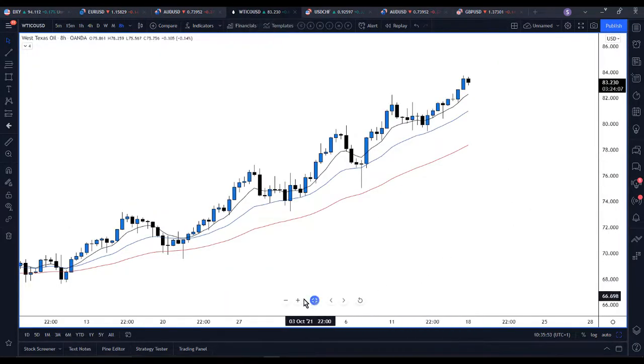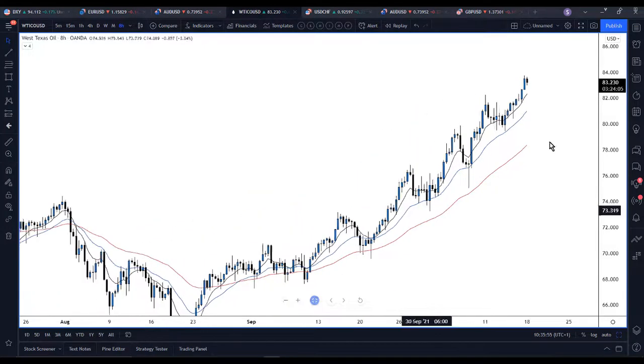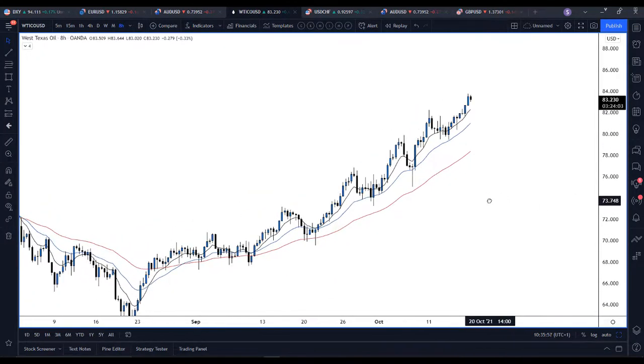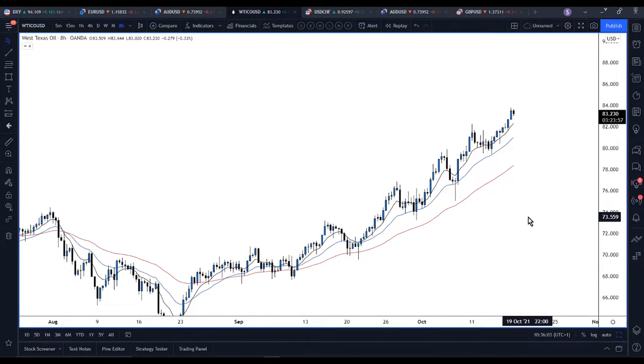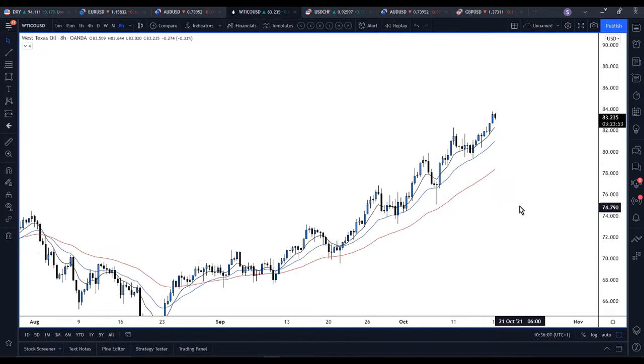A market that I don't actually talk about a lot, but one of our members asked me a question about it the other day, was WTI Oil. Really nice bullish trend at the moment, and this is perhaps where EMAs might help you.